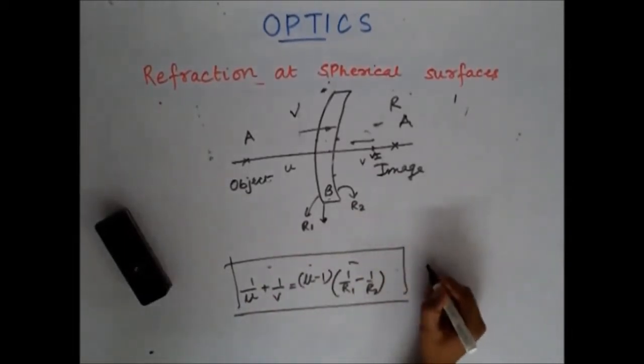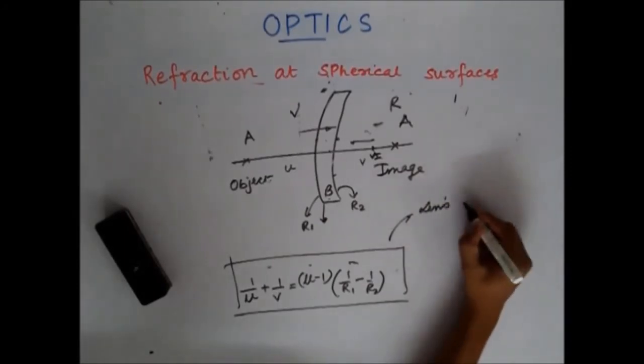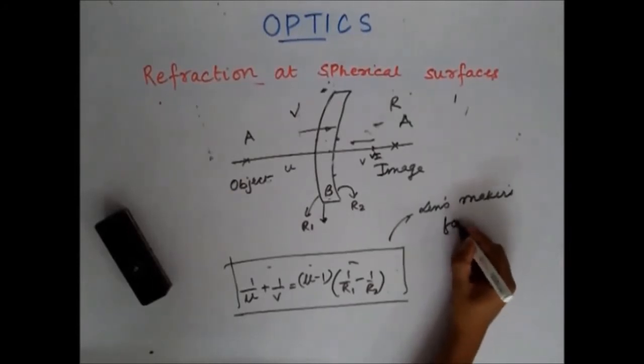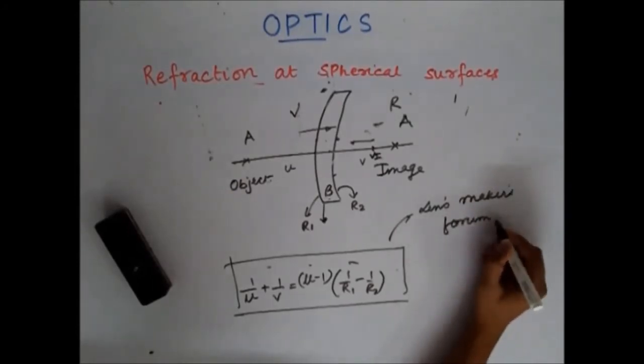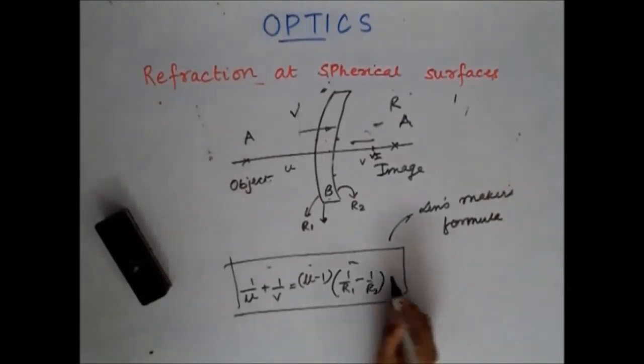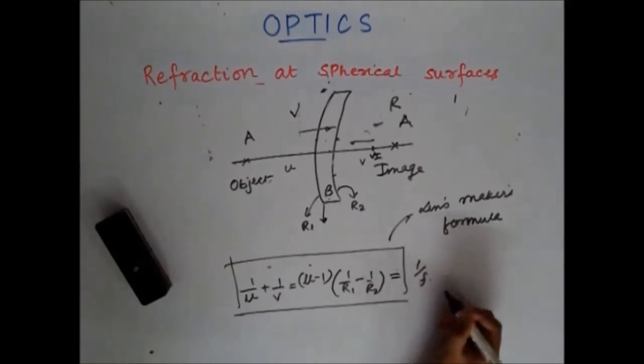This equation is known as the lens maker's formula. Now this one we also write as 1/f, where f is the focal length of the lens.